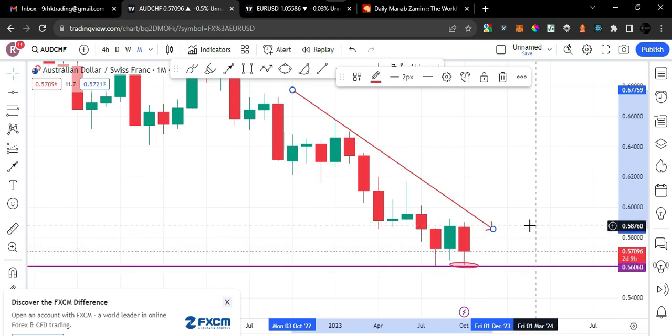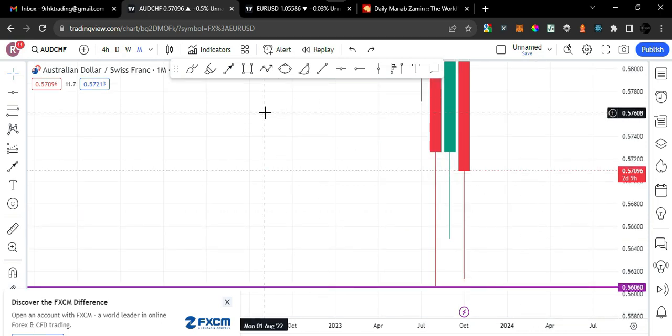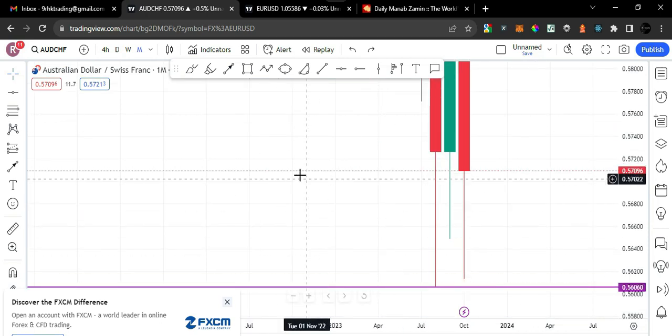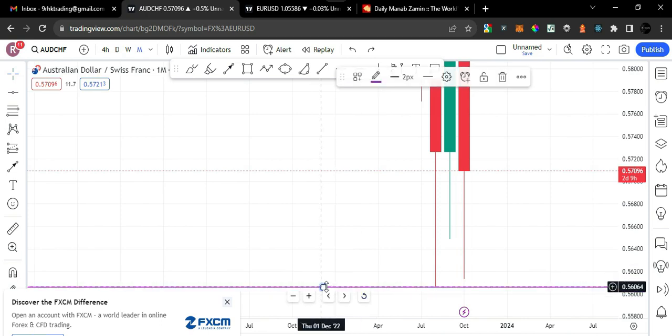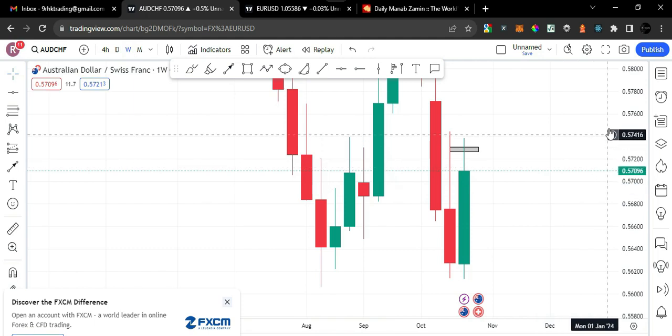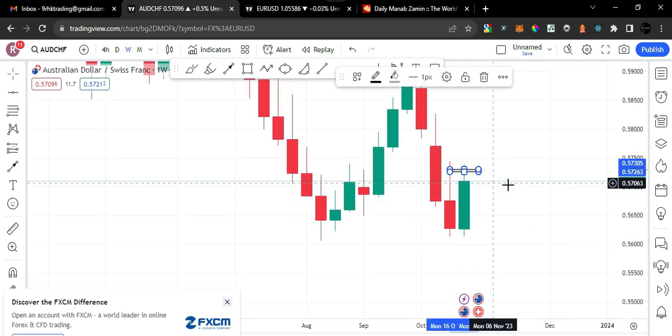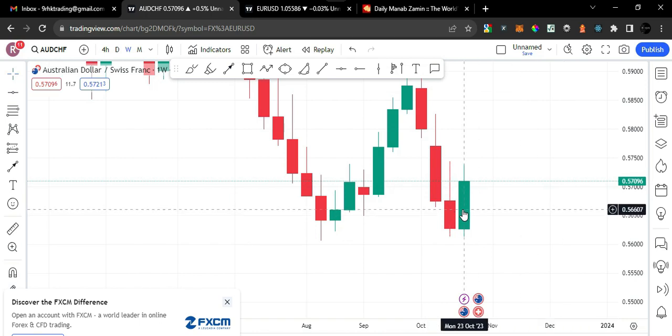Now, if we go to the weekly time frame, we can see that the price has not yet engulfed the previous week.